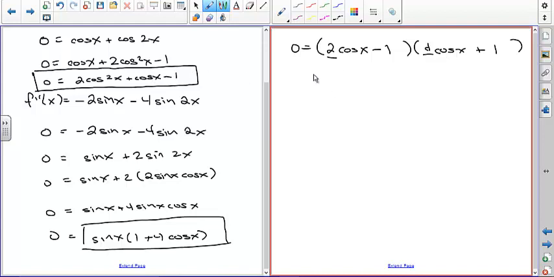So that's it. If you take this and set that equal to 0, you'll see that when the cosine of x equals a half, that's where you have critical numbers. And also the second one, you get the cosine of x equal to negative 1 if you set this equal to 0.